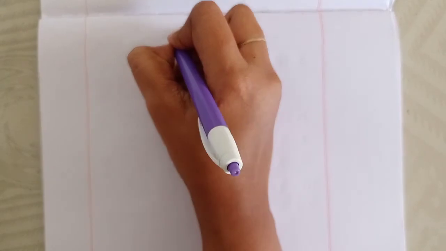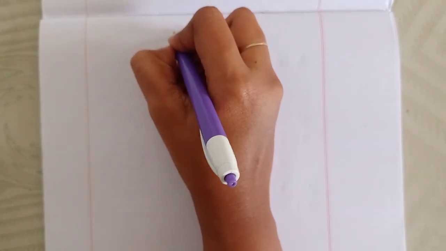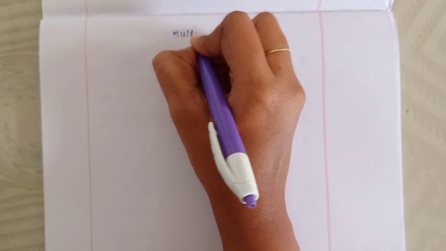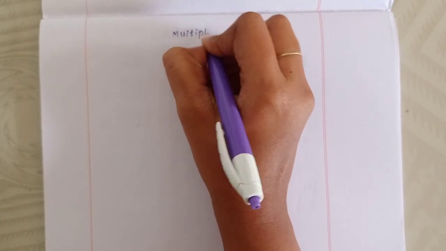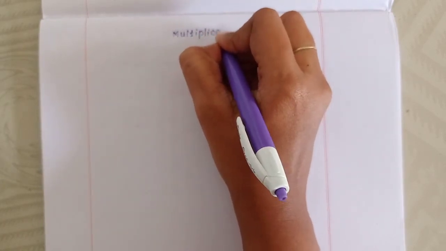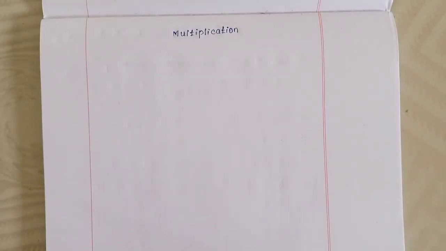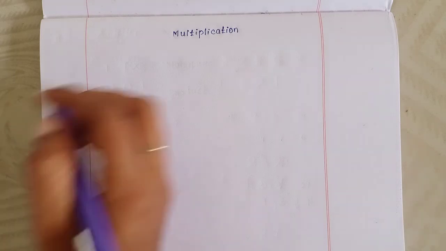Listen. The heading is multiplication. Rule of 0 and 1 in multiplication.